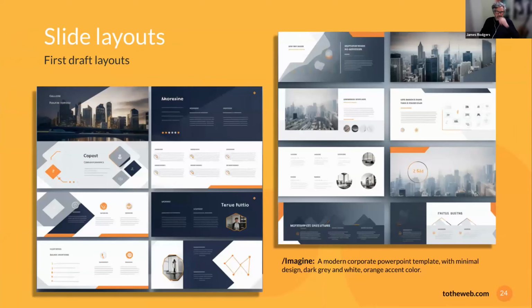Slide layouts. This is an example of some PowerPoint presentation slides. It's a really great way to start. Obviously you have to build it in PowerPoint, but you can get some really great ideas from it. And it is pretty amazing that out of just maybe 15 words in the prompt, you get all these layouts.